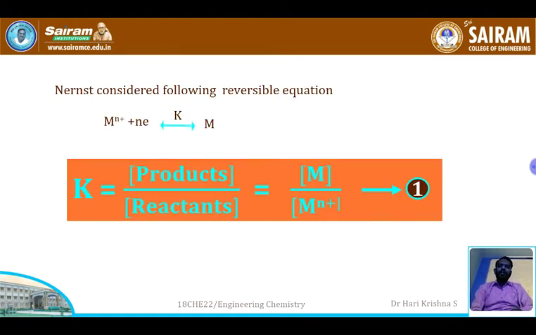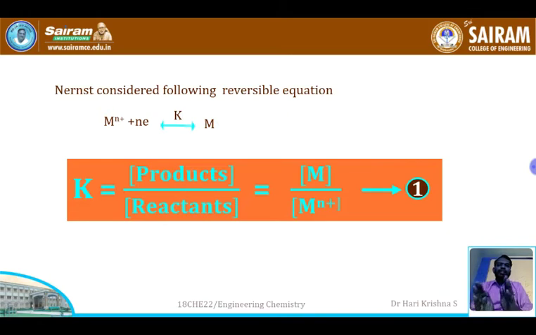In order to derive the Nernst equation, Nernst considered the following reversible reaction: M^n+ plus n electrons gives M, where M is a general metal. The forward reaction is the reduction reaction and the backward reaction is the oxidation reaction.